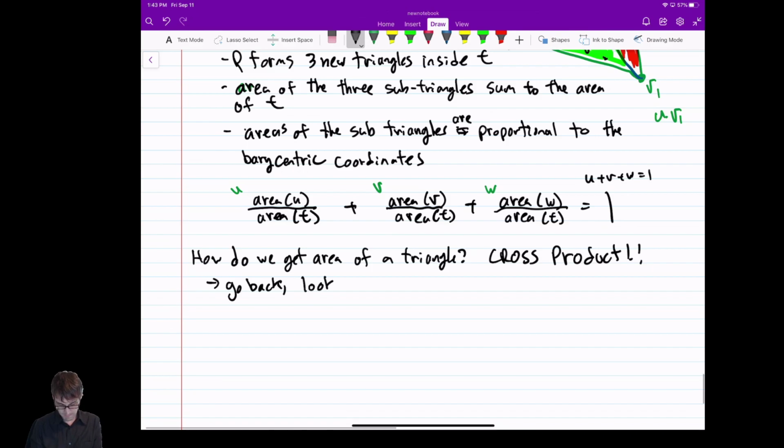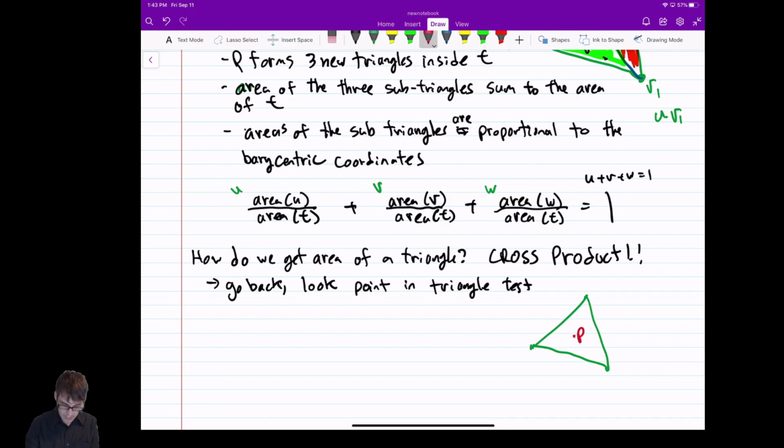And what's really cool, I want you to take this now, if you go back and look at the point in triangle test, you're going to see this is actually pretty much what we're already doing. We have a P in the middle of the triangle. We draw a vector to it. We cross product it with the edge.